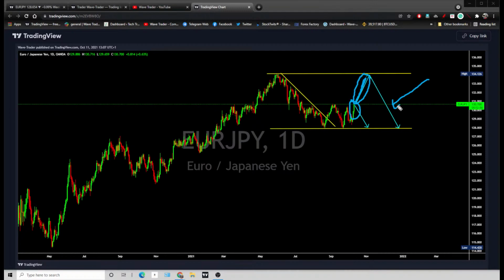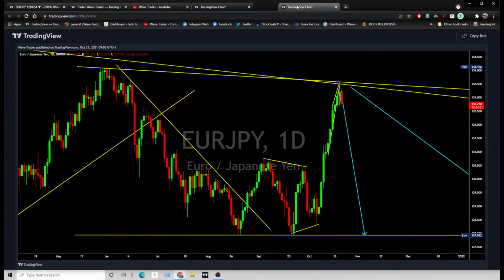I'm going to show you only a couple of charts, not all the updates on the lower time frame. This is the daily wave, and I have a lot of updates on lower time frames. You may look at these videos on euro yen as well, and you're going to understand that.